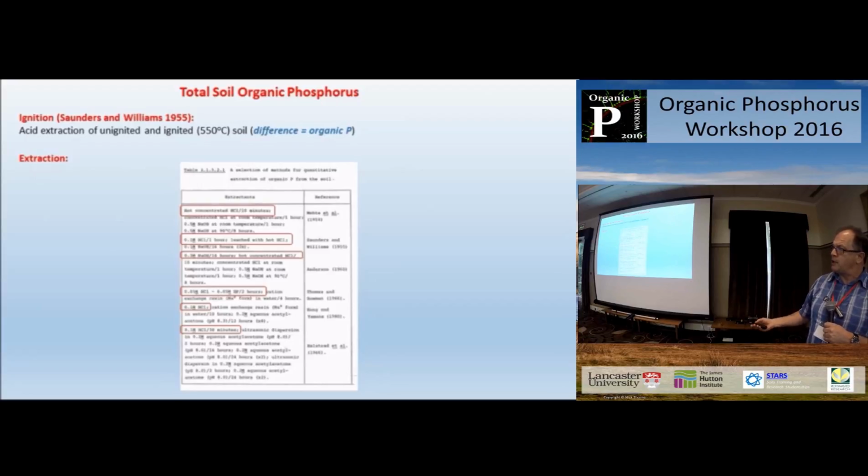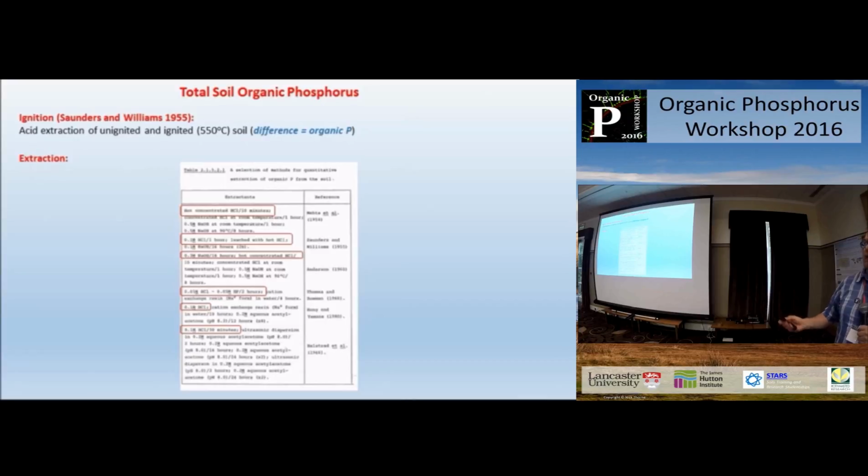You just get the date here, they're all 1950s and 60s, and these are just a sample of the methods that were developed for extracting organic phosphorus. They were actually based on the methods that were used to extract organic carbon from soil, to do humic acid and fulvic acid work. And the reason why I've highlighted is that every single one of them has an acid pre-step in it. So that's sort of been carried on.